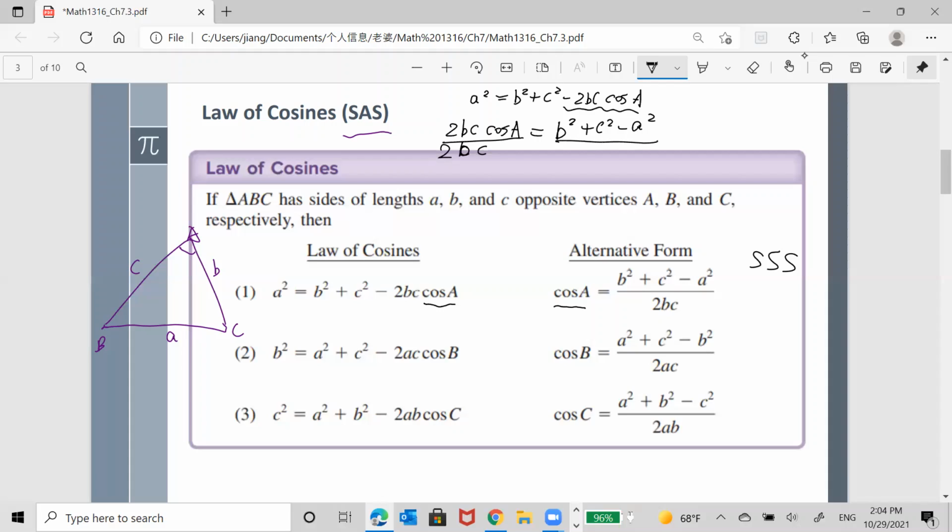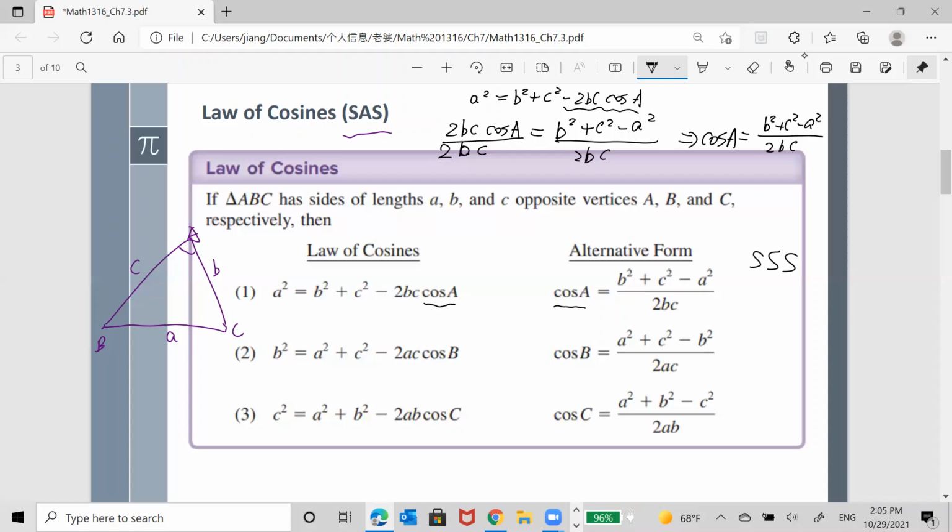2BC, both sides 2BC. And then we can find cosine A equals B squared plus C squared minus A squared over 2BC. That means if I have three sides, we can find any angle for the triangle.